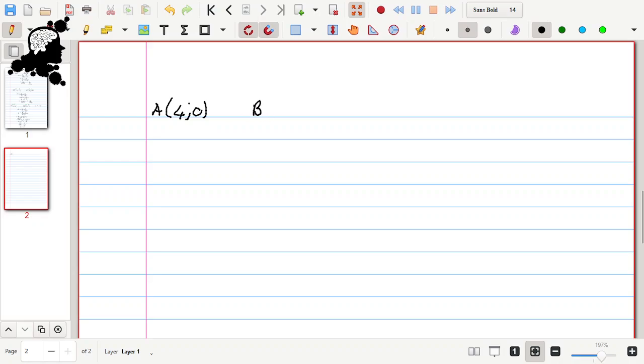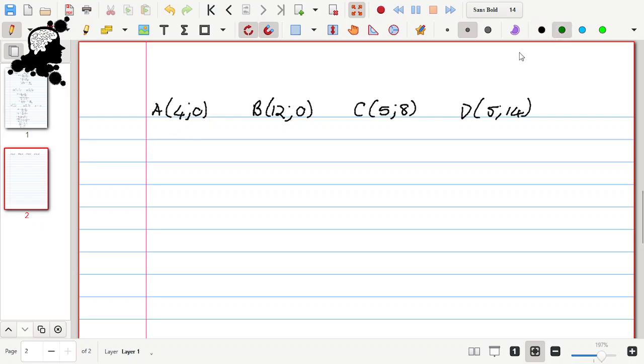We are given point B with the coordinates 12 and 0. We are given point C with the coordinates 5 and 8. And then we are given D with the coordinates 5 and 14. The question wants us to calculate the gradient of AB and the gradient of CD.